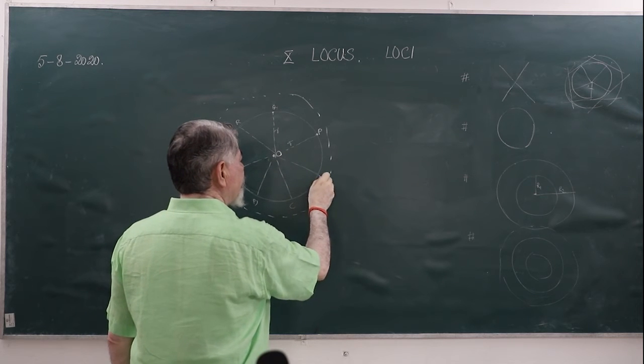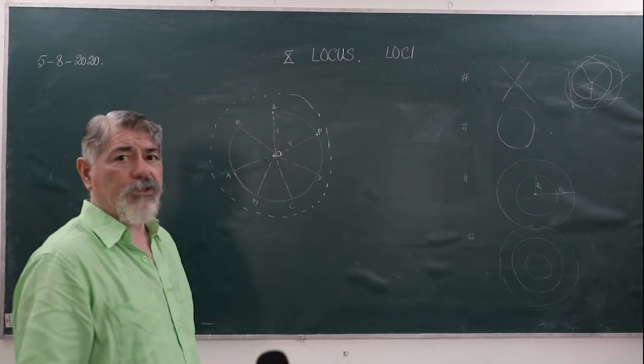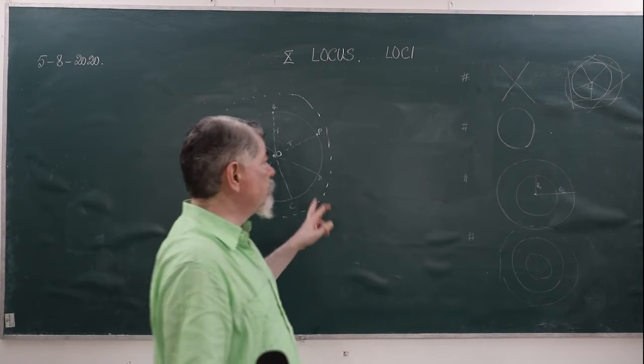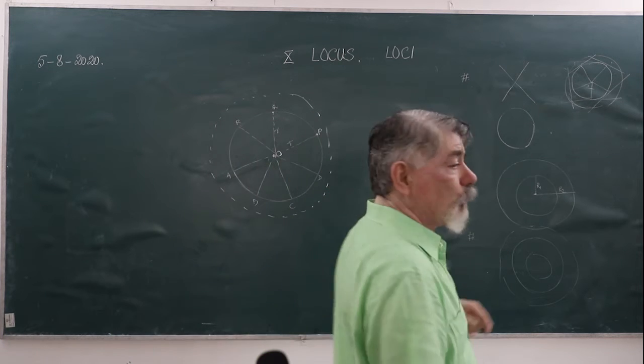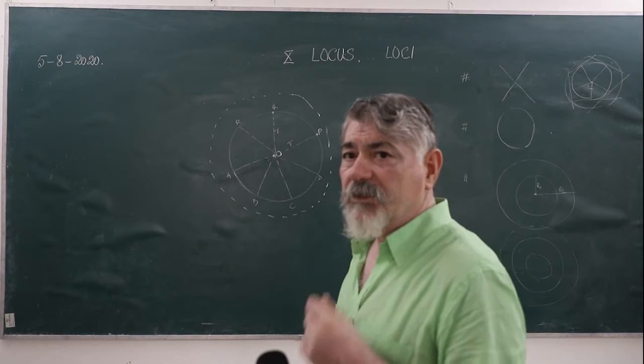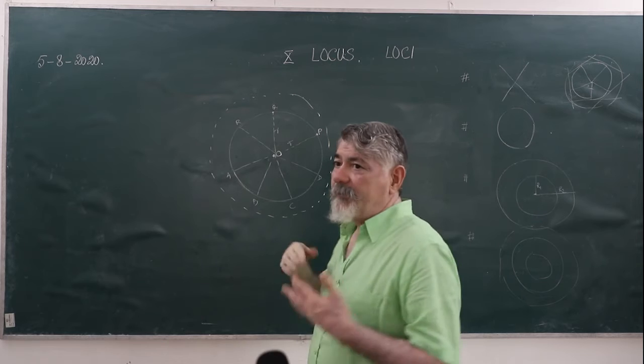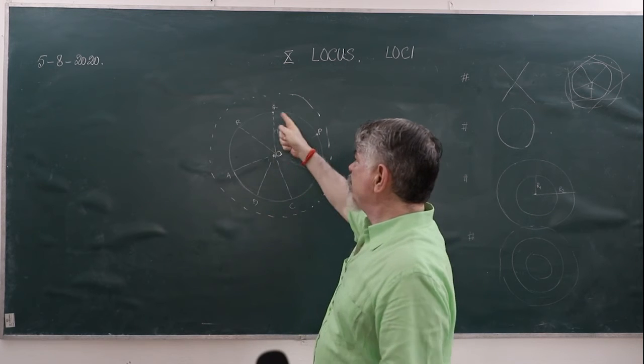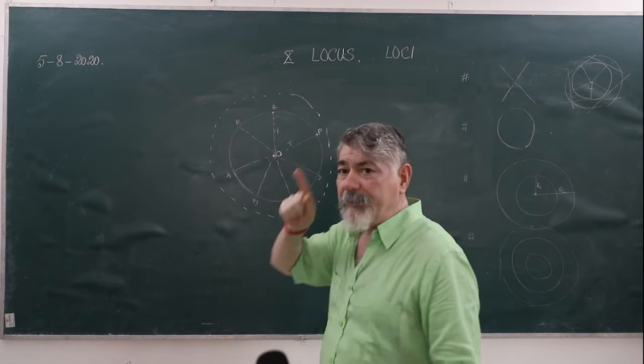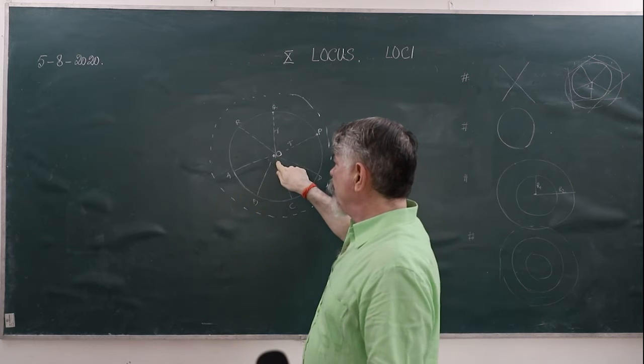You take the point anywhere on the circumference of the circle, and you'll find that any other point on the circumference will be at equal distance from point O.